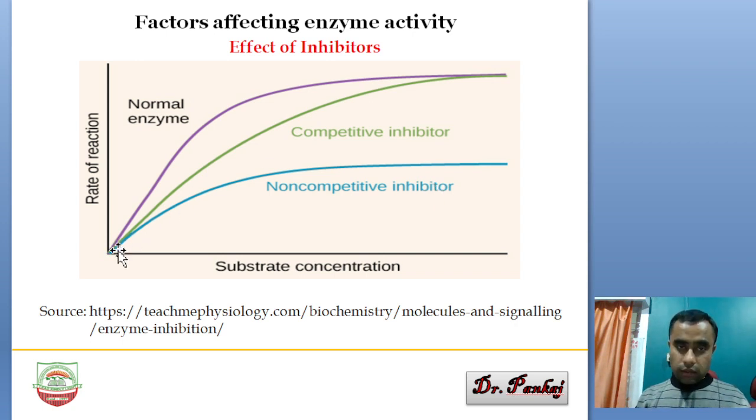If the enzyme is inhibited by a competitive inhibitor, then this graph will indicate the rate of reaction, and if the inhibitor is a non-competitive inhibitor, then this graph represents the rate of reaction when the non-competitive inhibitor is present along with the enzyme.